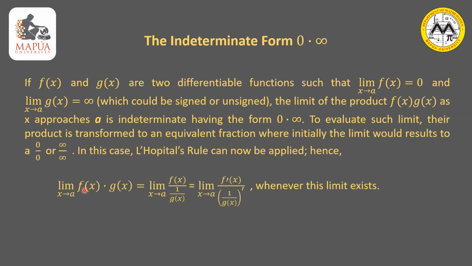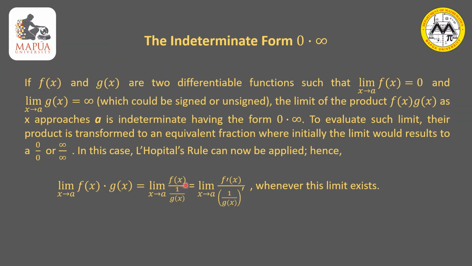So what we're saying is that the limit of the product f of x times g of x as x approaches a, whenever it would be of the indeterminate form 0 times infinity, would be transformed to the ratio of f of x divided by the reciprocal of g of x, evaluating the limit as x approaches a.